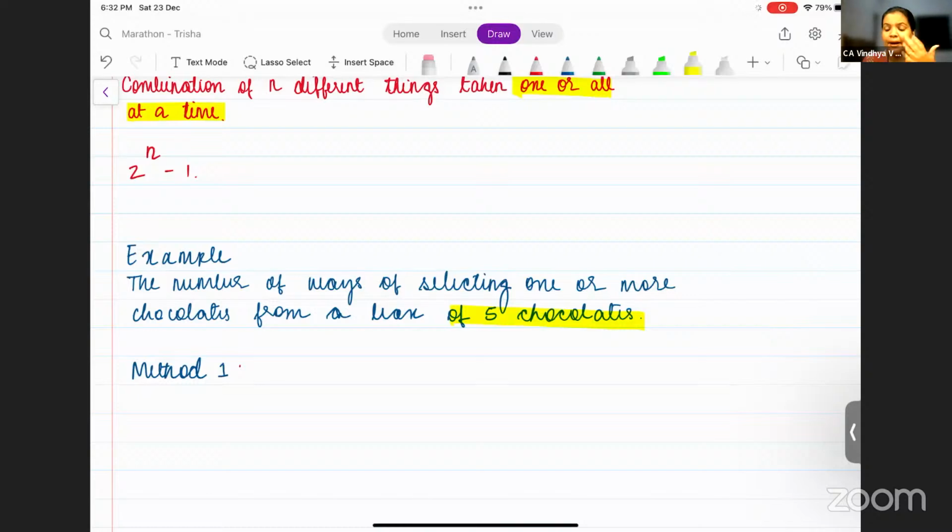So, depending on who you are, you may select 1 chocolate or 2 chocolates or 3 chocolates or 4 chocolates or 5 chocolates. So this is your rule where combination of one or all at a time.